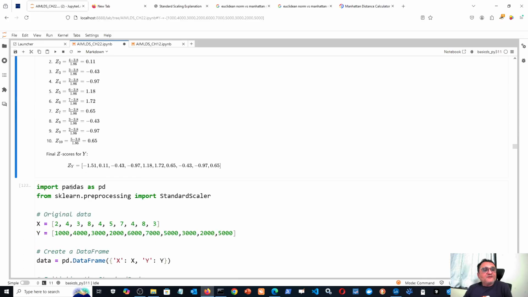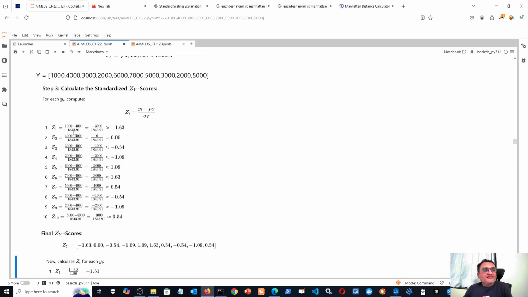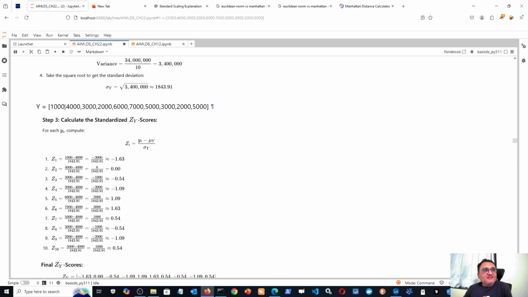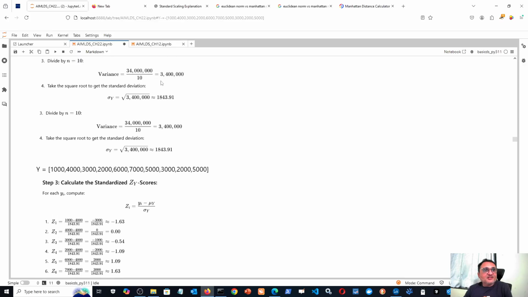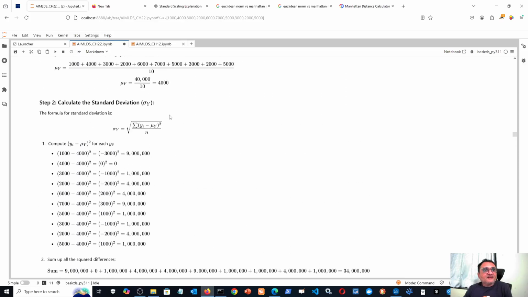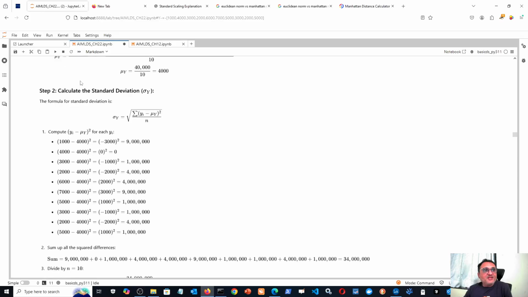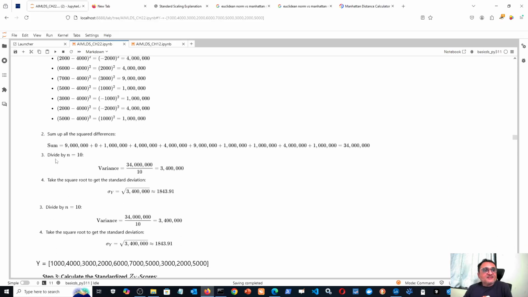So now I can find this: 1000, that is the value of y, minus mu y, the mean of that column, which is 4000, divided by the standard deviation of that, which is 1843.